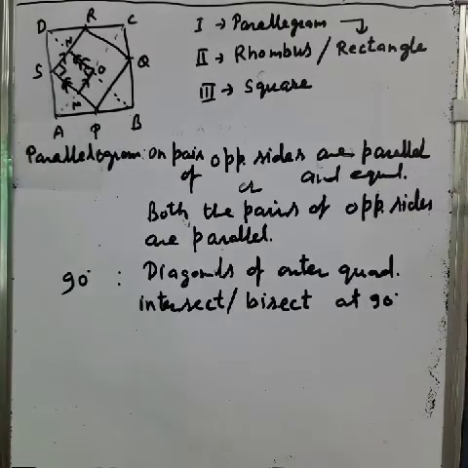This is given, clear? 90 degrees to 90 degrees. First step, diagonals of the outer quadrilateral intersect or bisect at 90 degrees.